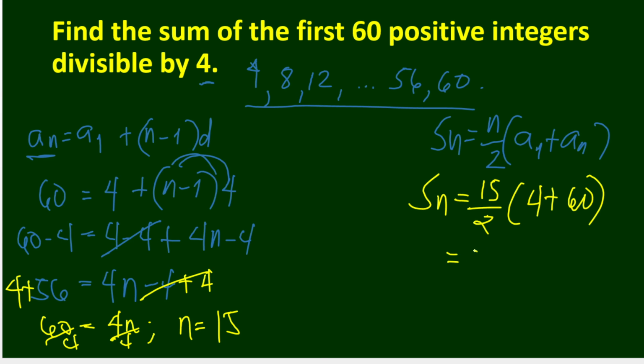So we will have 7.5. That is 15 divided by 2 times 64. So we have 7.5 times 64 is equal to 480. So ang sagot natin for this problem na find the sum of the first 60 positive integers divisible by 4 is 480.